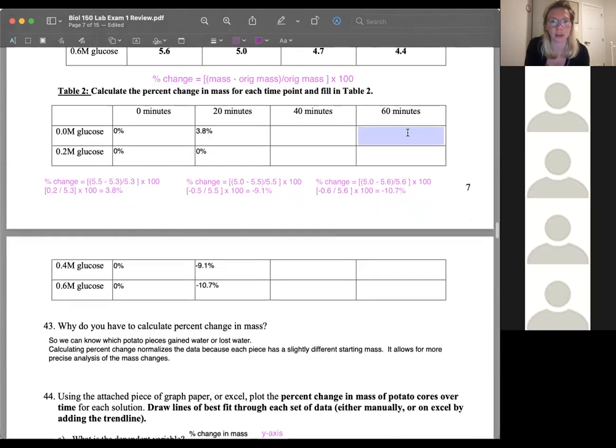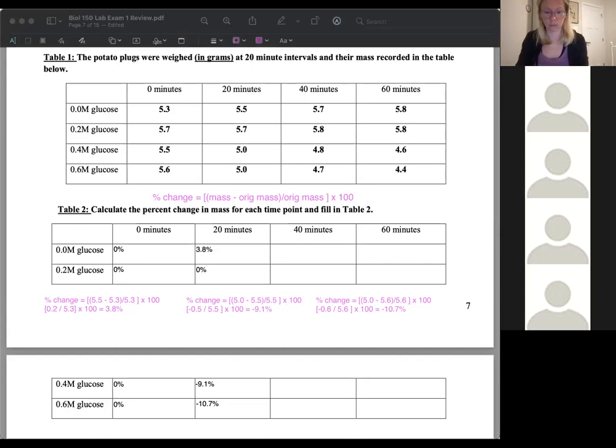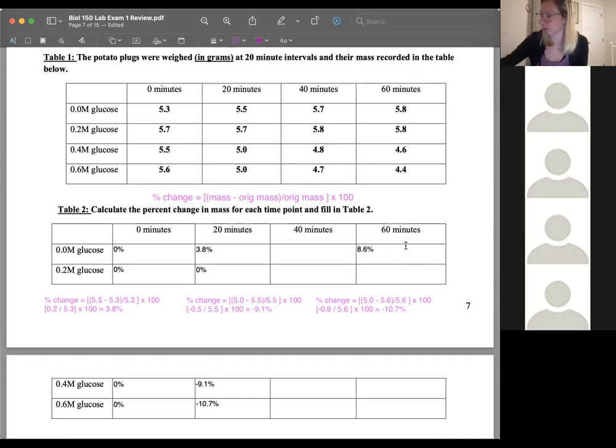So 60 minutes, and let's calculate this really fast. I got 9.43. Okay, let's see here.